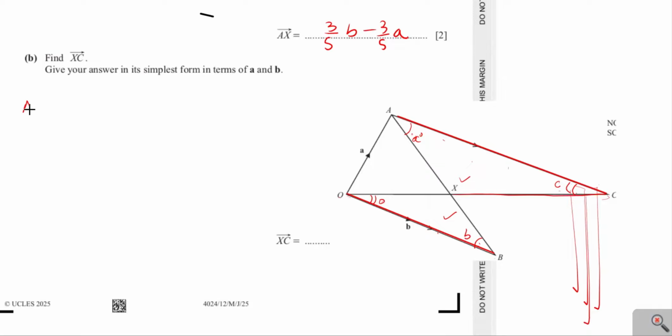Therefore, we can write the triangle AXC is similar to triangle BXO. Therefore, the ratio of length AX over BX will be equal to XC over XO. The ratio of AX over BX is 3:2, and XC over XO we write as it is.